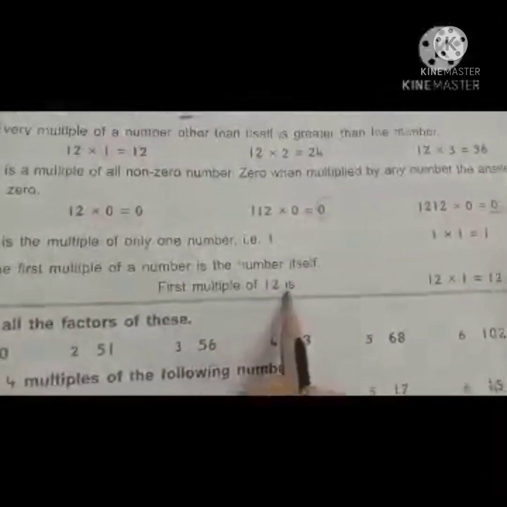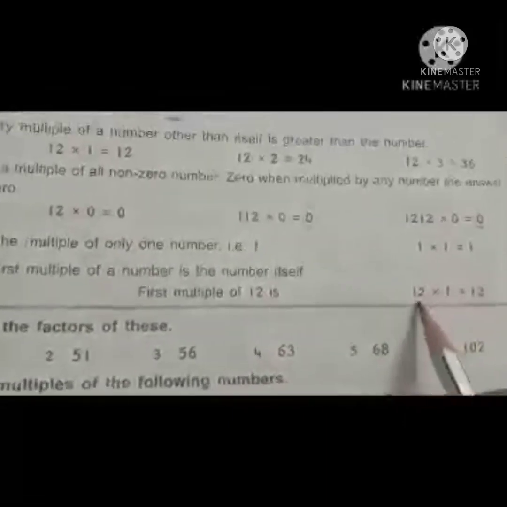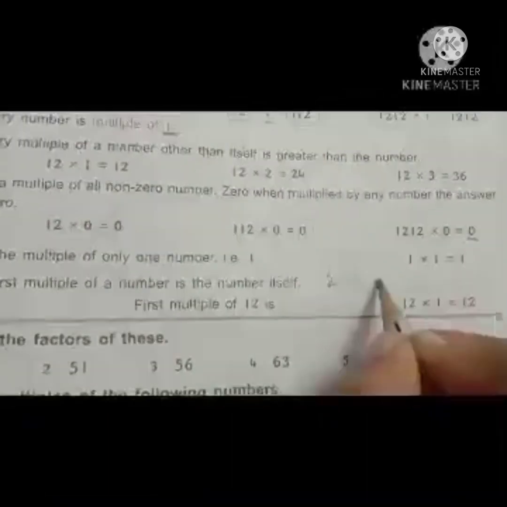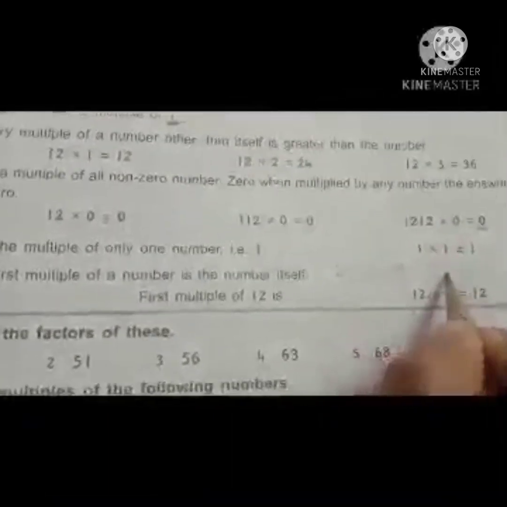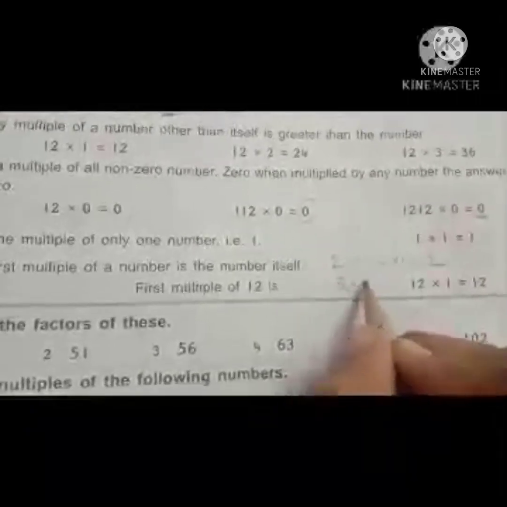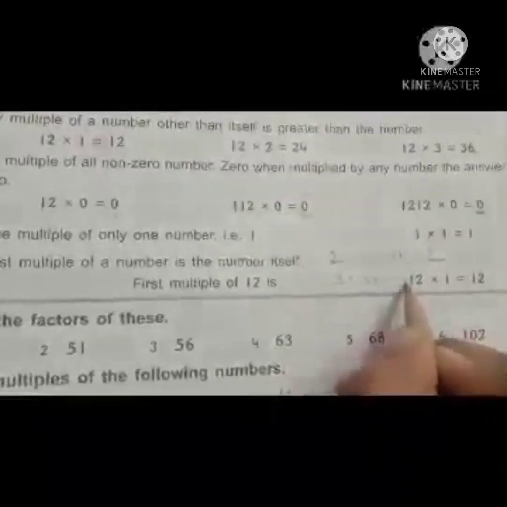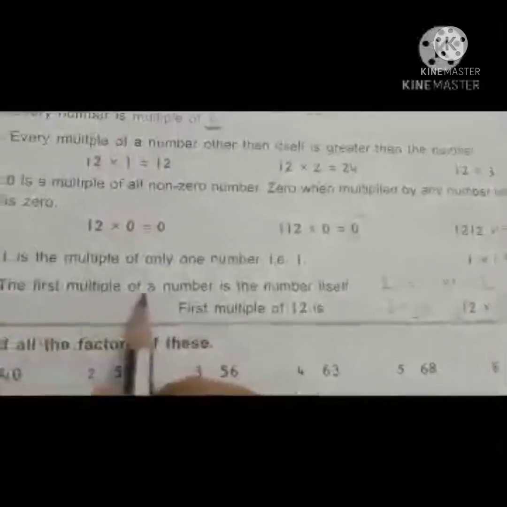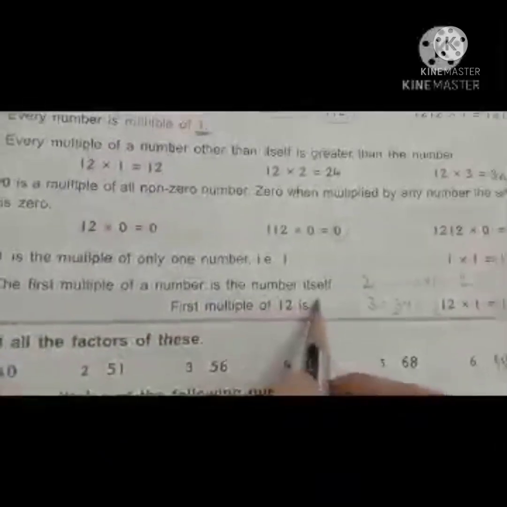What is the first multiple of 12? 12 ones are 12. If we take 2, what is the first multiple? 2 into 1 is equal to 2. Again, if we take 3, 3 into 1 is equal to 3. The answer is the number itself only.